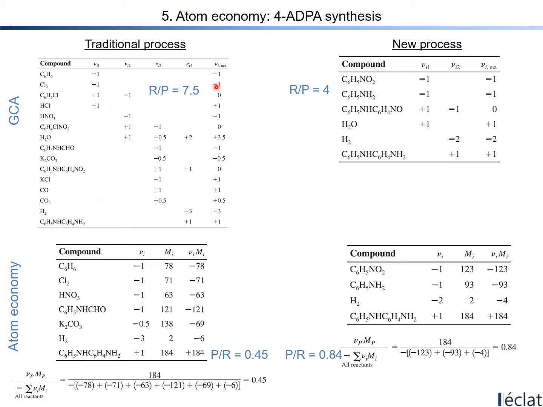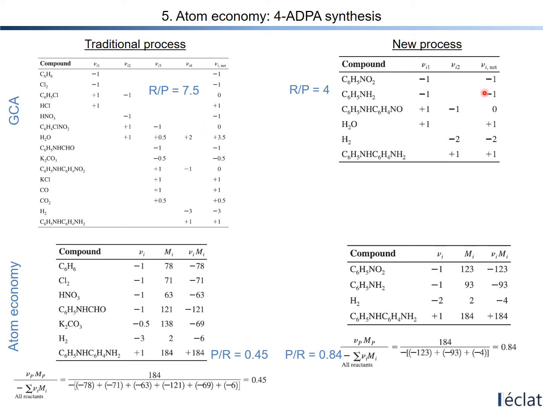In the last column, we have the net summation of the stoichiometric coefficient for each compound. By using these values, you can calculate the molar RP ratio. In this case, the desired product is 1 mole, and to get the 1 mole, you need to have 7.5 moles of reactant. You can find the reactants at the minus signs, right?